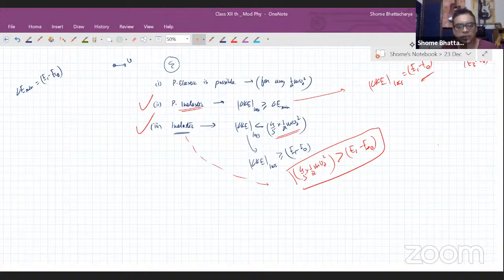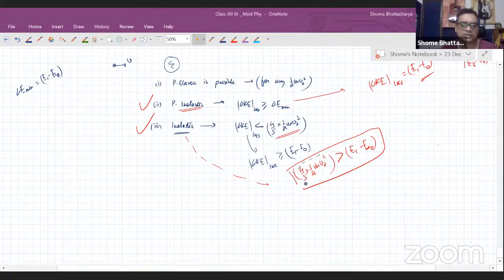Yes, so for inelastic probabilities, it is only possible if it is at least one energy difference. See, now I want the loss in kinetic energy to be greater than this quantity. Only then is inelastic collision possible. Basically, the loss in energy should be equal to E1 minus E0, but the loss in energy is actually less than 4 by 5 half mv naught square.